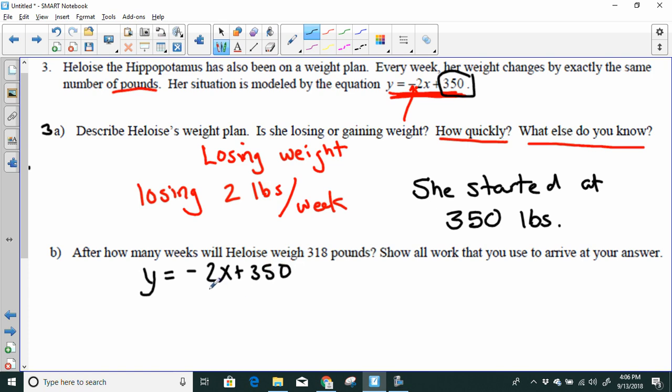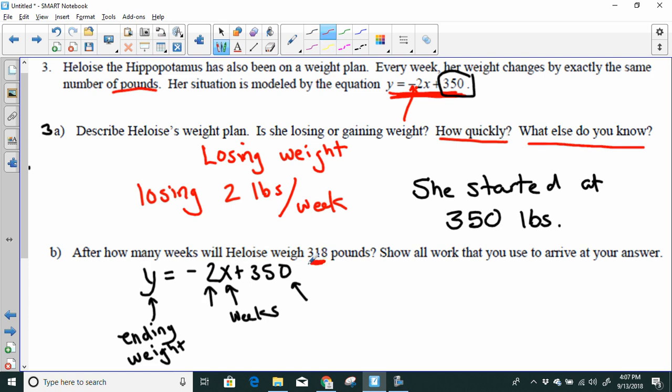I know that this -2 is her rate. X tells us how many weeks it's been. And the 350 is a start value. Y would tell us her ending weight.